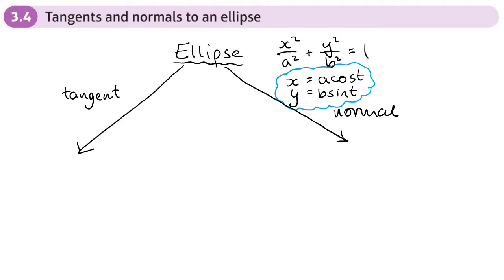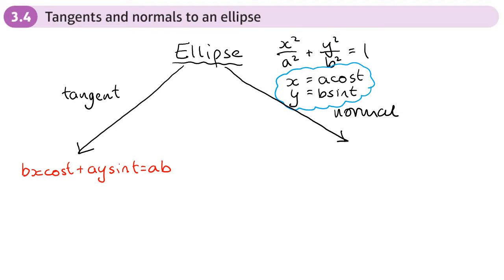So for a tangent, the general form of its equation is going to be bx cos t plus ay sine t equals ab.